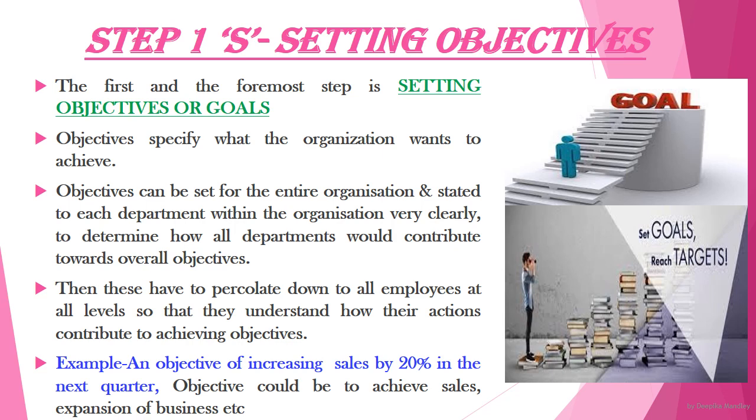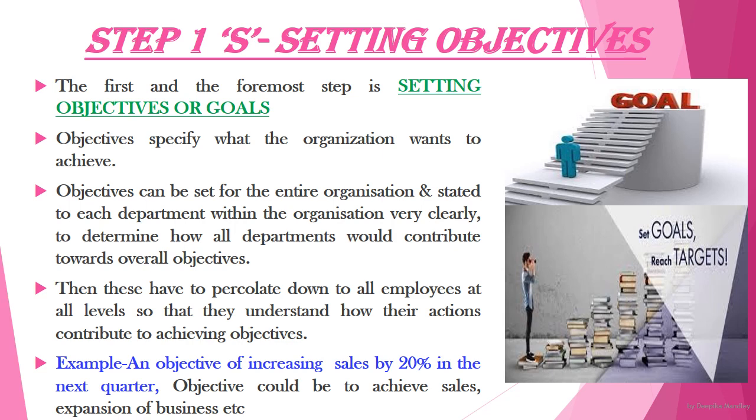Now the first step of the planning process is setting objectives. We know that every business organization should have established their general and specific objectives, goals, short-term and long-term targets, not only for the organization but for each department, each division, and in fact for each employee of the organization.